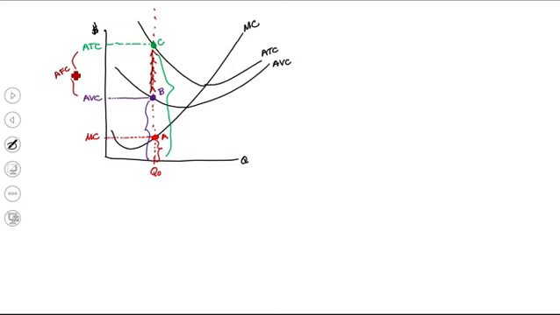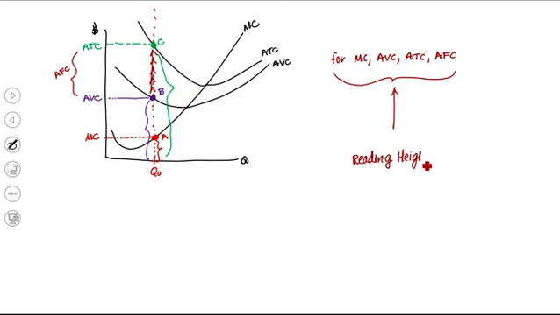So, again, for marginal cost, average variable cost, average total cost, and average fixed cost, I'm simply reading heights on the cost curve graph. So I'm just reading heights. All right. Now, that's easy. Everybody with me?